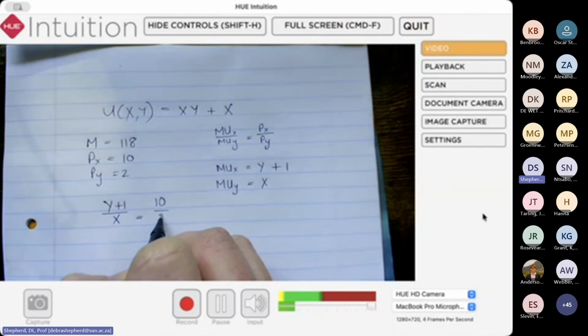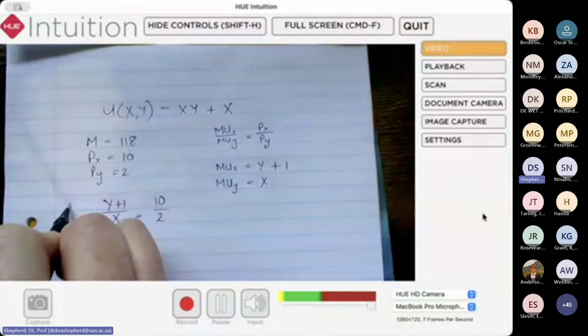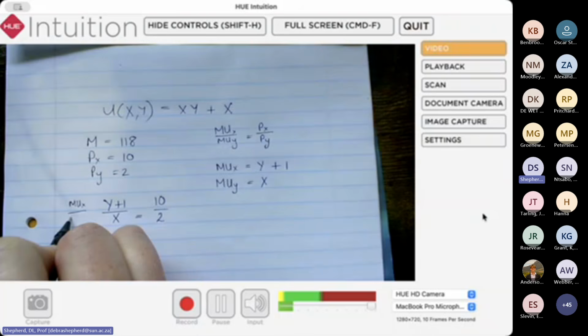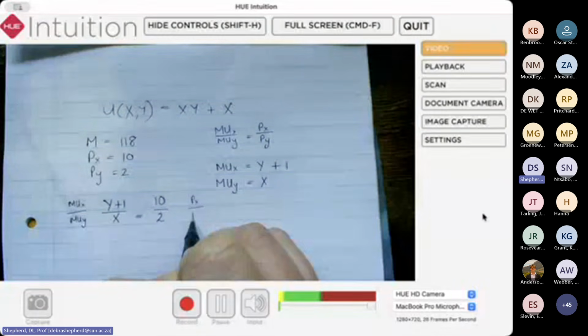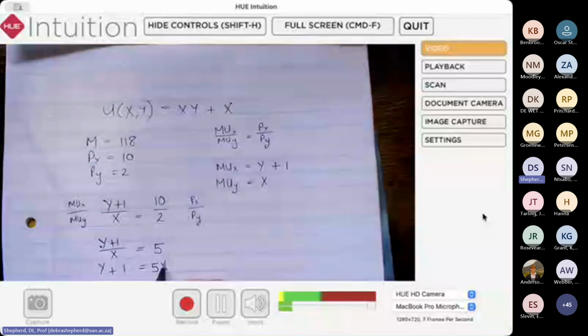So that is basically me saying that MUX over MUY is equal to the price of X over the price of Y. I'm now going to simplify this out, and I'm going to say that Y plus 1 over X is equal to 5. So Y plus 1 is equal to 5X. And so Y is equal to 5X minus 1.